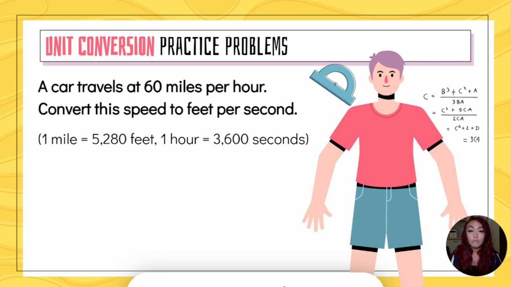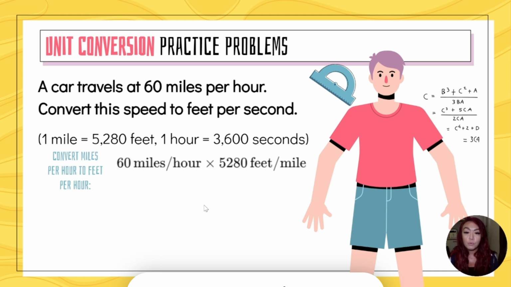I give you the two conversion factors. 1 mile is equal to 5,280 feet, and 1 hour is equal to 3,600 seconds. First we're going to convert miles per hour to feet per hour. To do that, we'll multiply 60 miles per hour times 5,280 feet per mile, and we get 316,800 feet per hour.